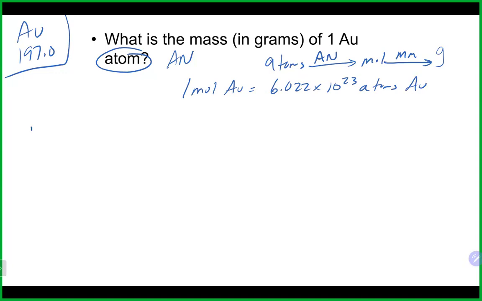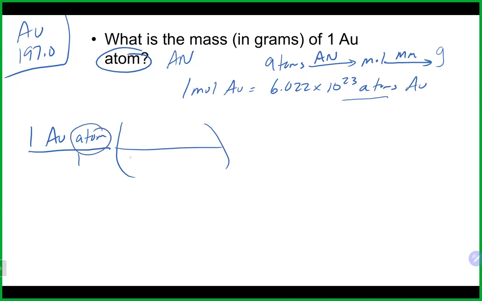So we'll start with 1 gold atom. Again, just taking a dimensional analysis approach here. I got atoms up on top. That means I do need to put atoms on the bottom here in the opposite location for everything to cancel out. Atom of gold and a mole of gold in this case.